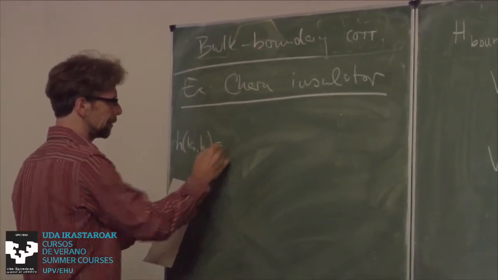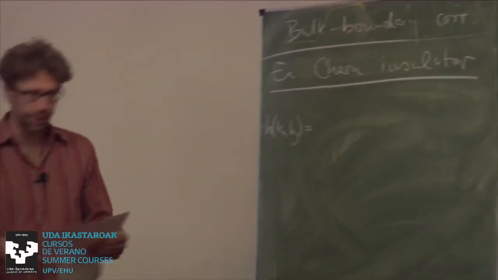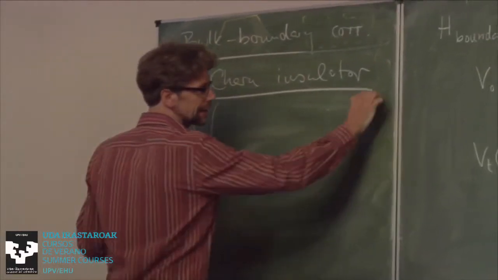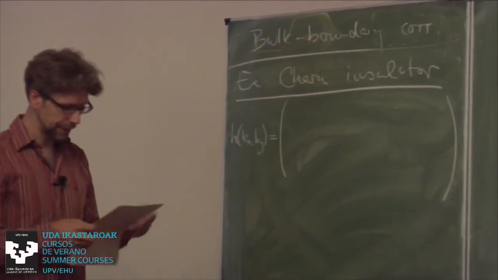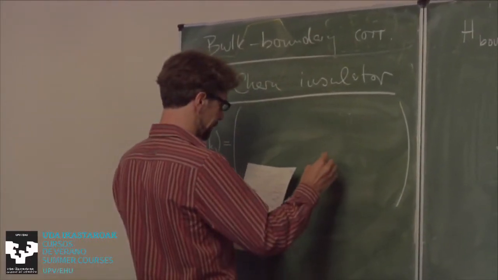Chern insulator, I'll define it via a two-dimensional Hamiltonian for a two-dimensional system in momentum space directly. And that system will start off with something that is like the Su-Schrieffer-Heeger model that we've discussed before.